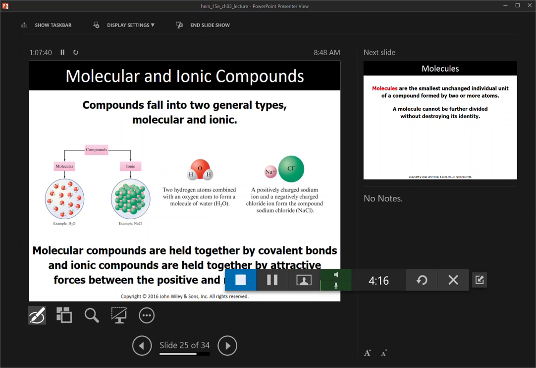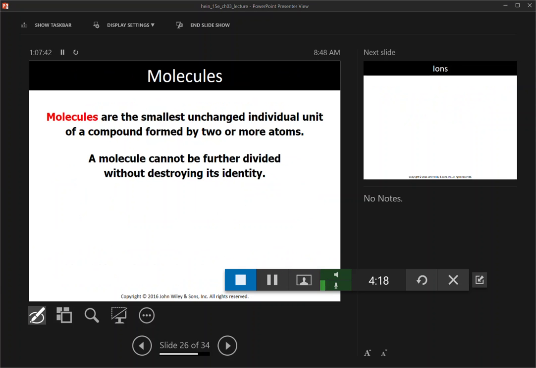Now, when two elements or two ions combine, they form molecules. And molecules are the smallest unchanged individual unit of a compound. In a sample of a compound, we can have many or an infinite number of molecules. We will actually learn the number of molecules we can have in a specific sample. But keep in mind that we cannot break molecules any further.